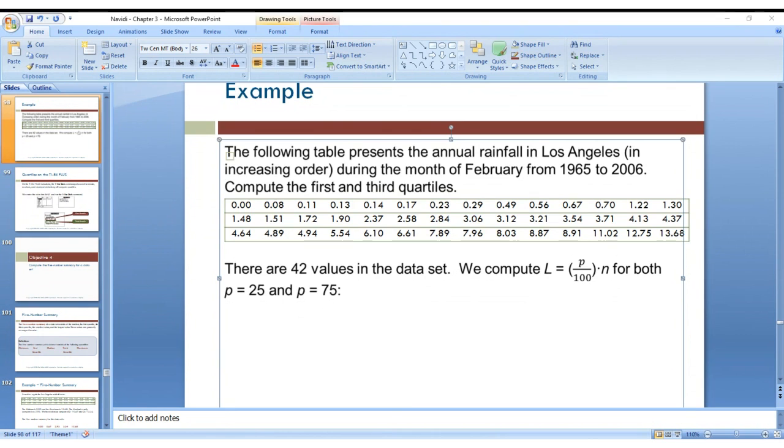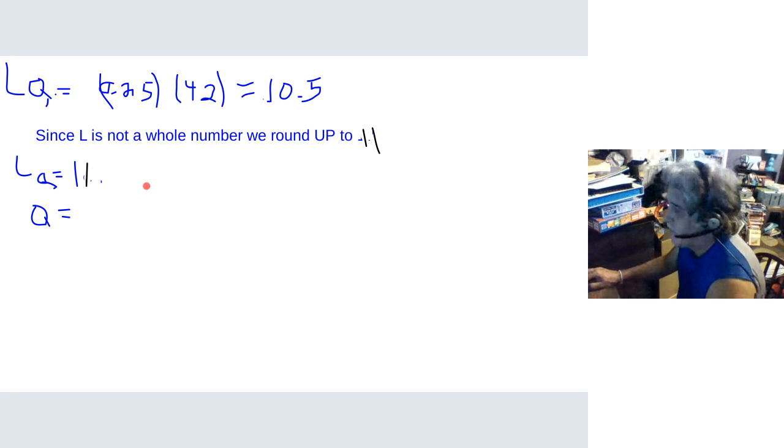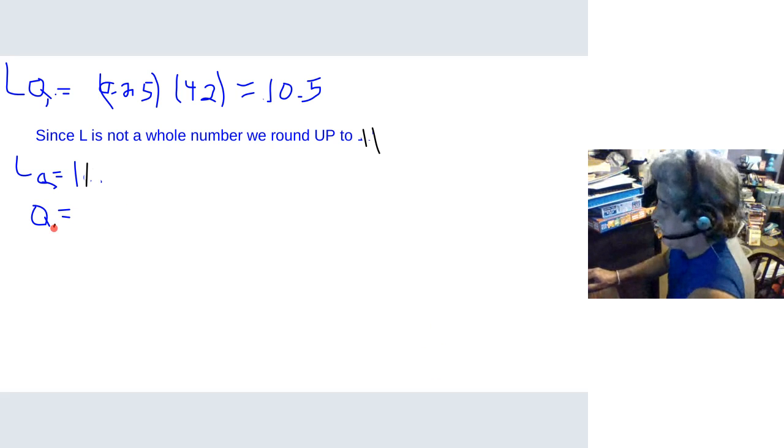Especially if you have a question from the homework, we can just download it rather than type it in, and that'll make it go a lot smoother. But anyway, let me go back over to the board. So Q1 is 0.67.